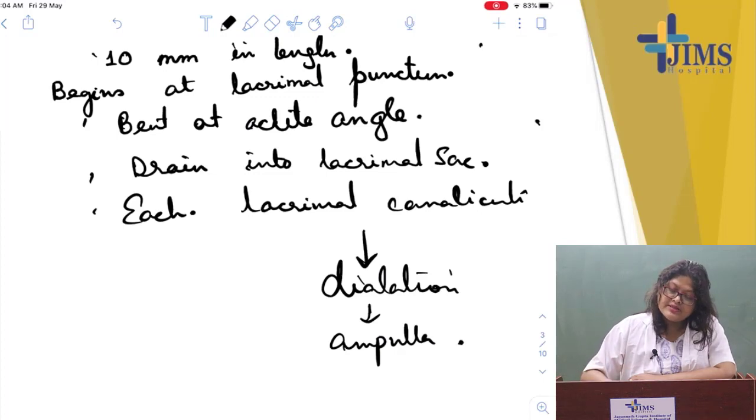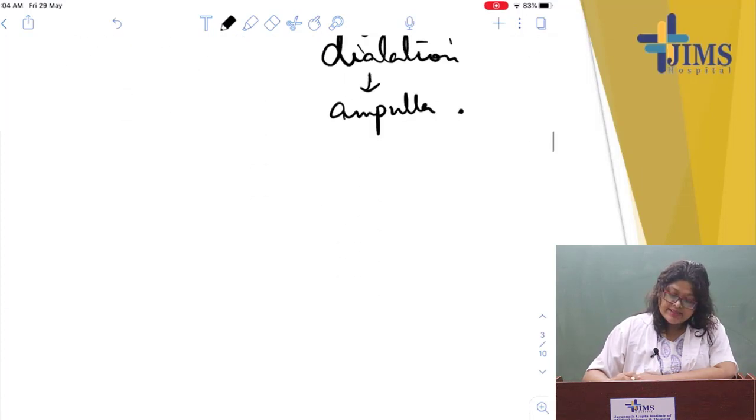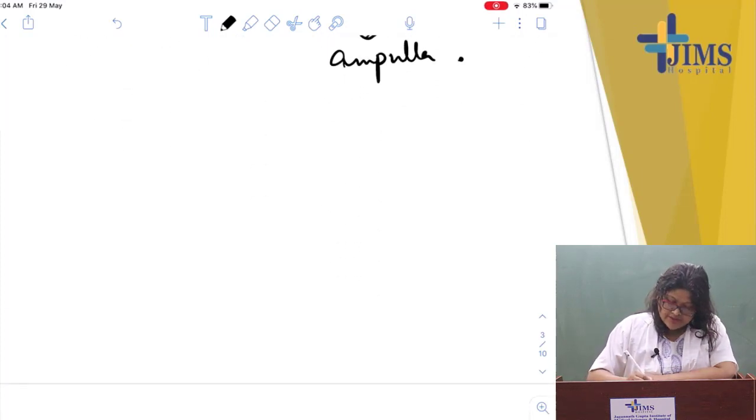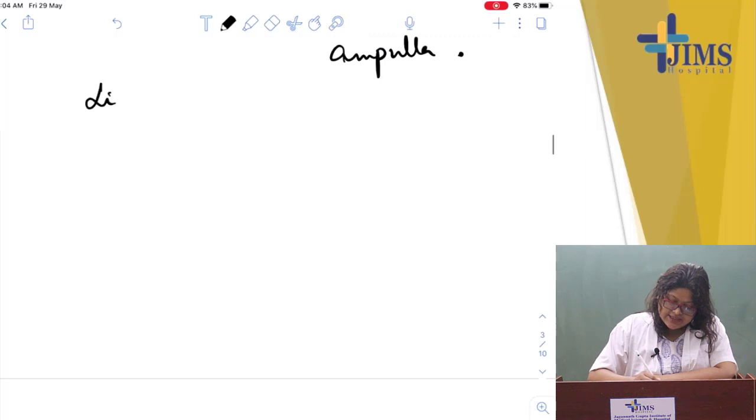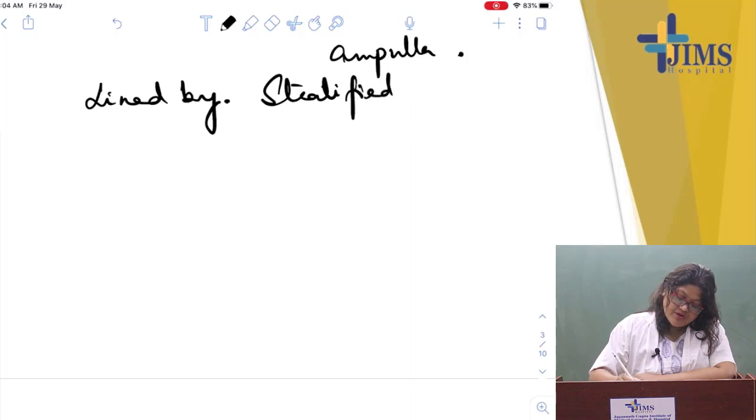Okay, this is known as lacrimal canaliculi. Now we can see it is lined by stratified squamous epithelium.